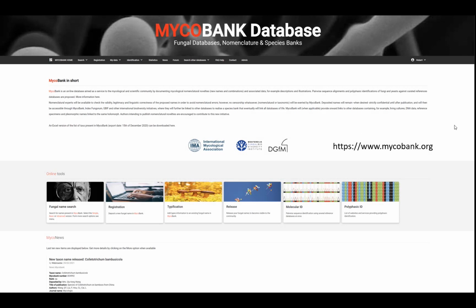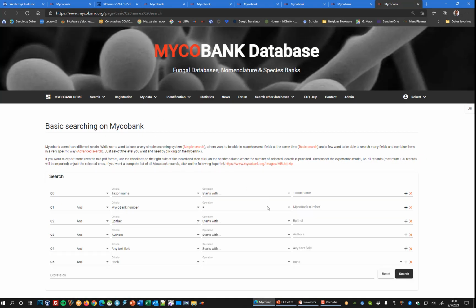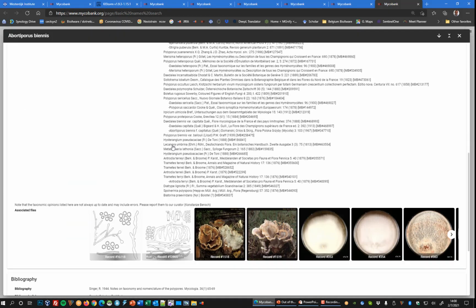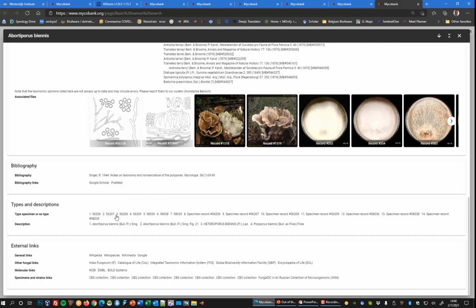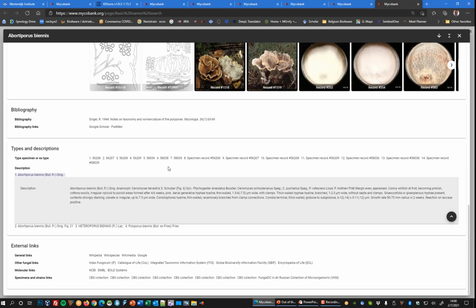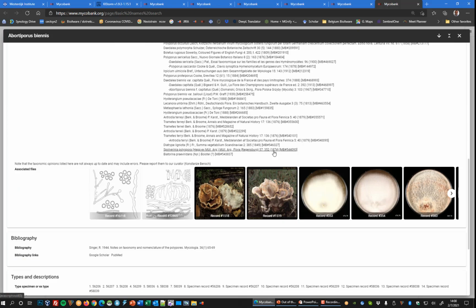So it looks like this. The website is at this address, and when you want to search for a given species, you just click on a given web page like here, and you are able to search for a given species, for example, like that, and you can see the detail of that particular species with all the synonyms and so on, the morphology and the descriptions and all the different types of things that are available for that particular species.